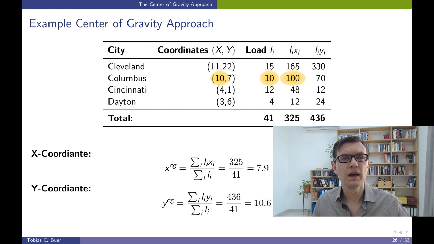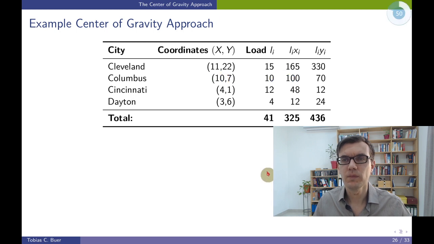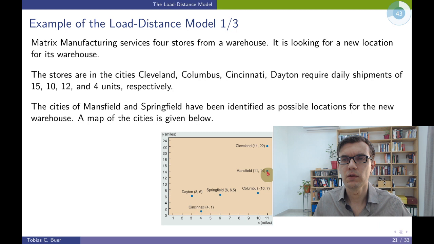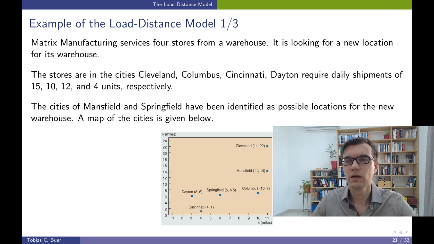So let's go back to the example with the map and try to locate this point on the map. We have roughly 8 and roughly 10.5. Let's go back to our map. So the x coordinate is 8 and the y coordinate is roughly 10.5.